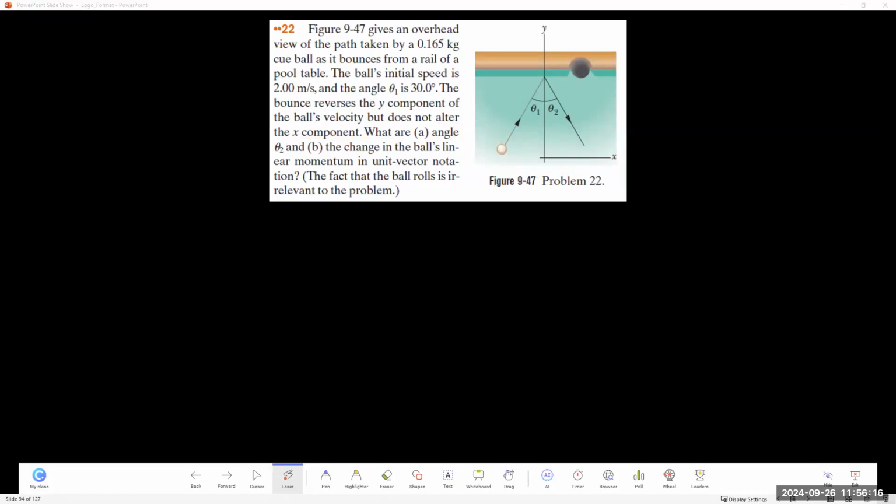Okay, so we need to go through this. Since I already answered the second part, this angle theta 2 should be 30, but I'm going to write some notes here. I'm going to write A. Since the force of the impact on the ball is only in the y direction, px is conserved.